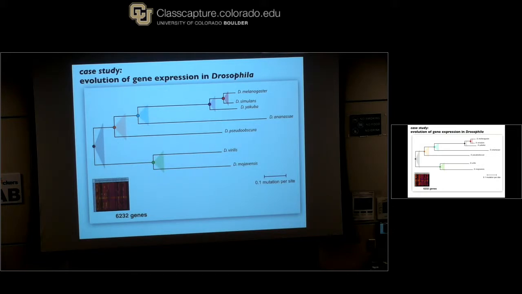Sorry, it's not precise, but if you look within a species, diversity is 1%, right? Mu n is 1%, so within a population of Melanogaster and simulans, that's the data we have, it is 1%.